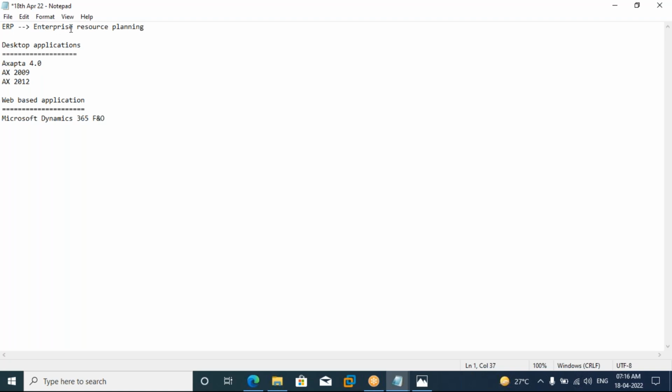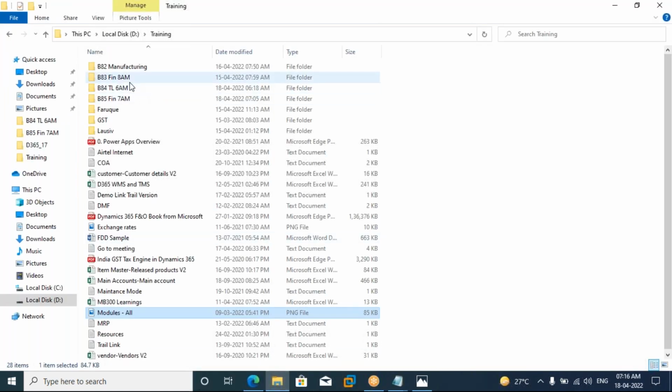Enterprise means an organization, a business. You are planning using resources. Here resources may be human beings, sometimes machinery, sometimes tools. That is enterprise resource planning. Okay, fine. Give me a second.